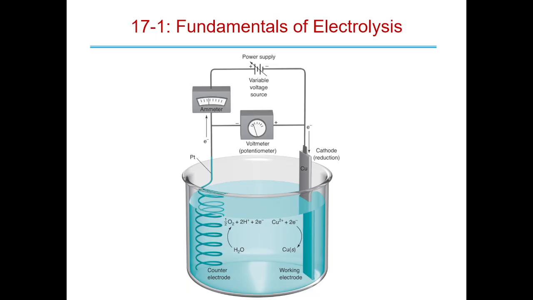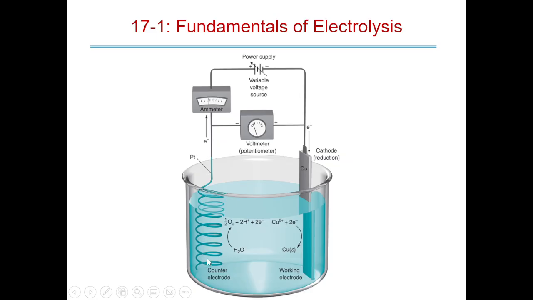It's gonna happen though. So, sorry. I hope you don't pick that up from me. It's a terrible habit. This amp meter here is actually going to be connected to your power supply, which would be your variable voltage source. Typically you want these to be variable so you can match the voltage to what you want, because you wouldn't want to have to make a new setup every time.